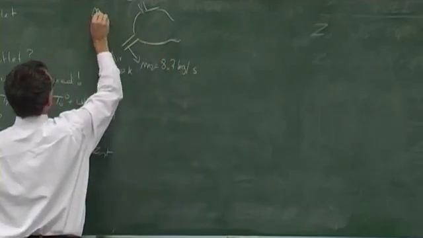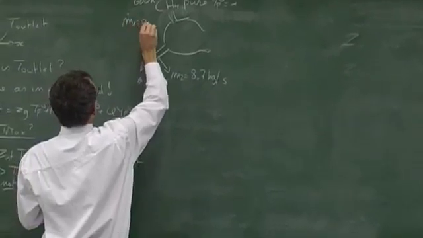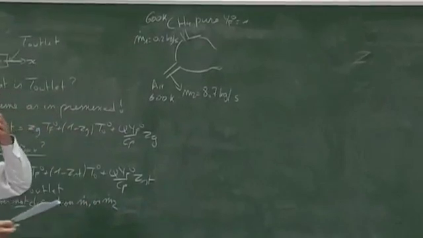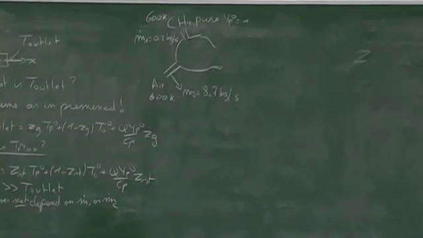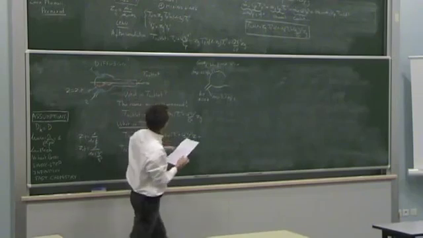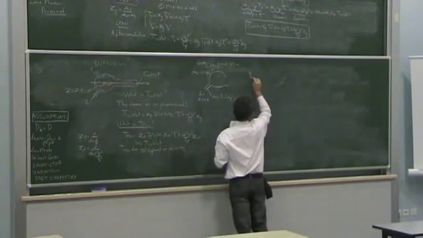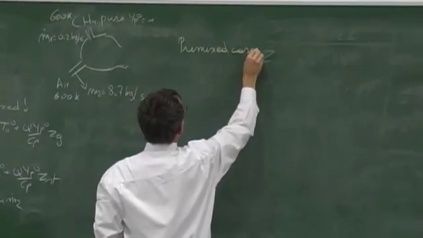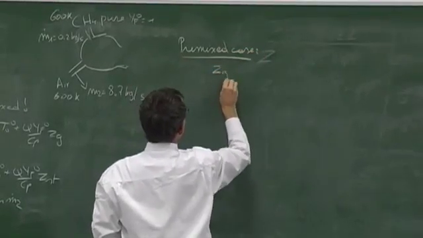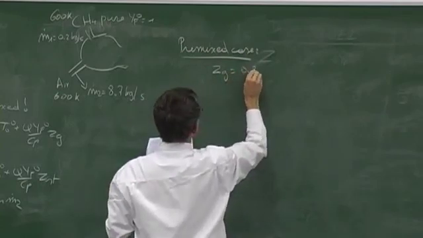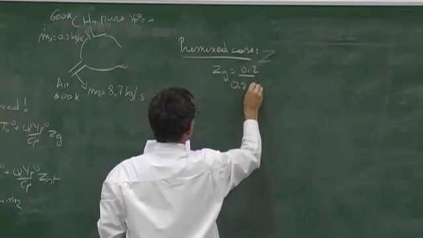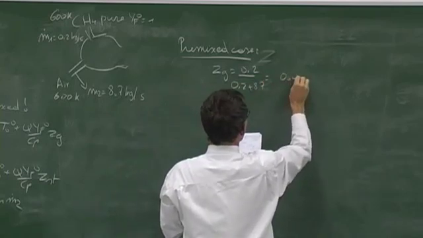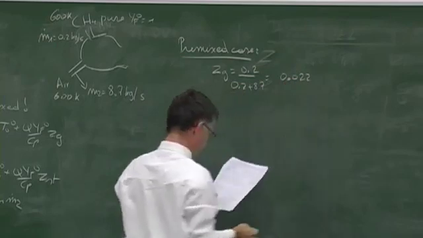And the first here will be equal to 0.2 kilograms per second. Those are the typical values you would have. So if you look at the premix case, you look at the global ZG over that. So ZG is 0.2 divided by 0.2 plus 8.7. And so that's something like 0.022.